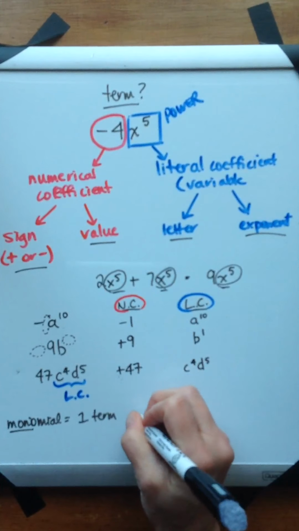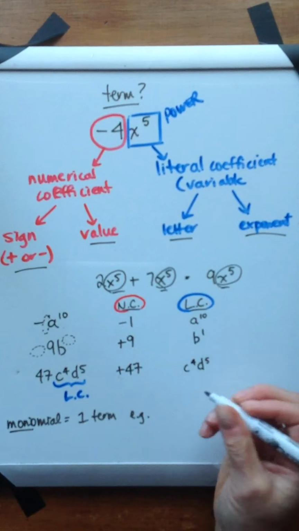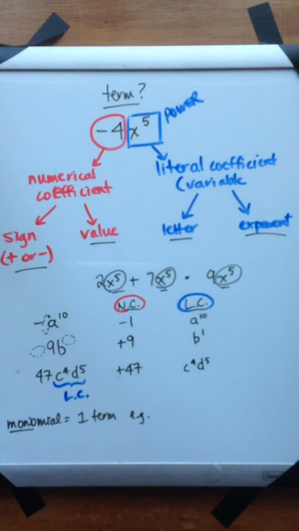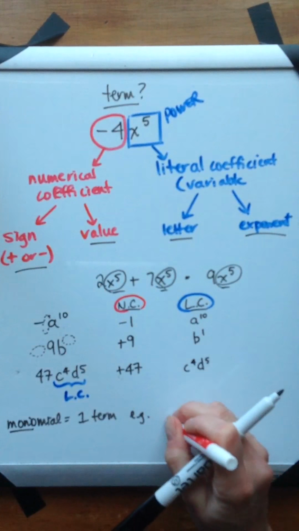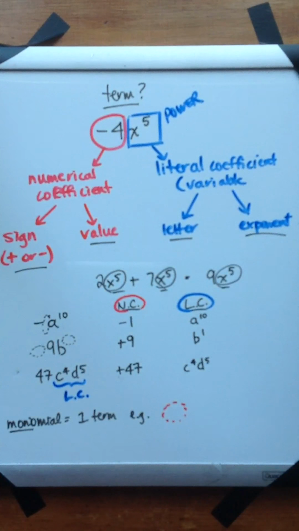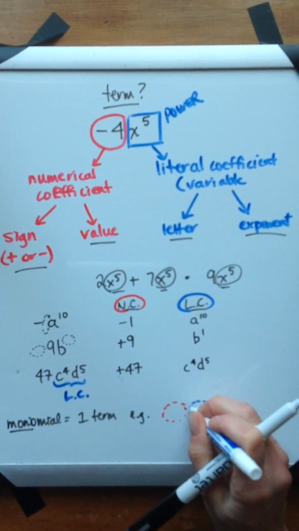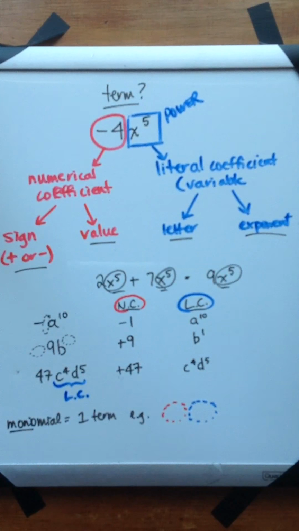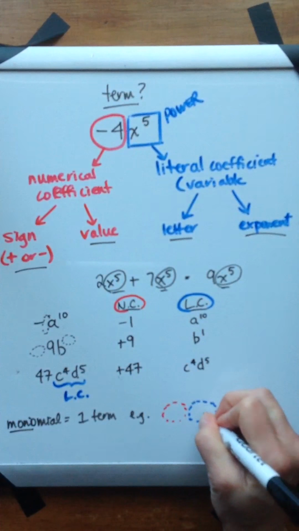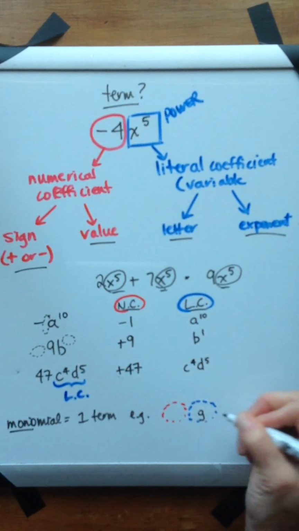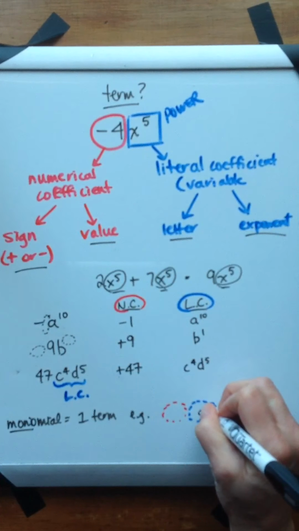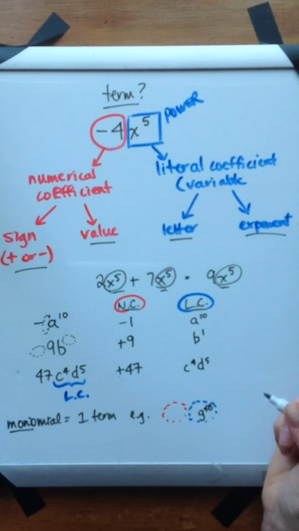So if we could include some examples of monomials, you can create your own numerical coefficient piece combined together with your own literal coefficient piece. So why don't we, for the sake of an example, use G for Gerber, and we'll put it to the 48th for no particular reason.